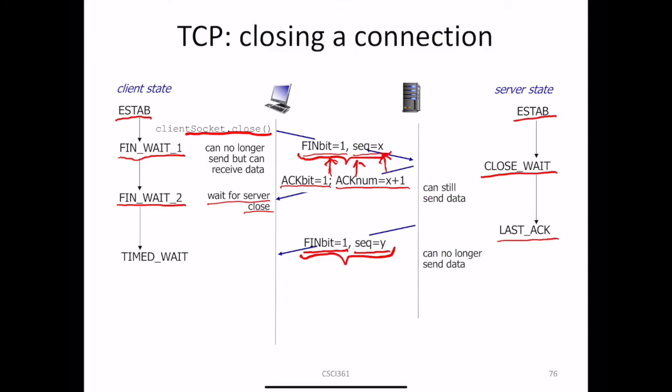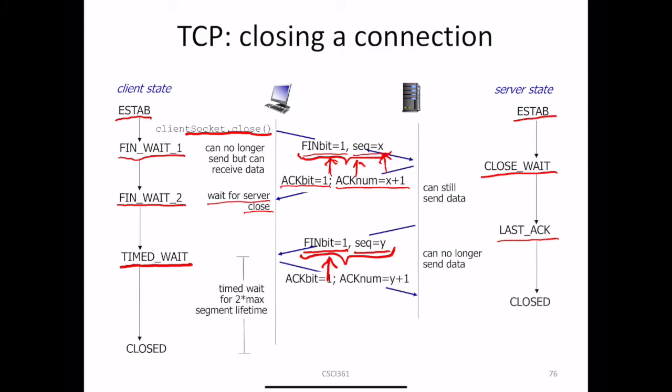So for the client side, after the client receives this segment, the state of the client side will change to TIME_WAIT, and then immediately it will send an acknowledgement back to the server side, which is an ACK to the previous segment sent from the server side.